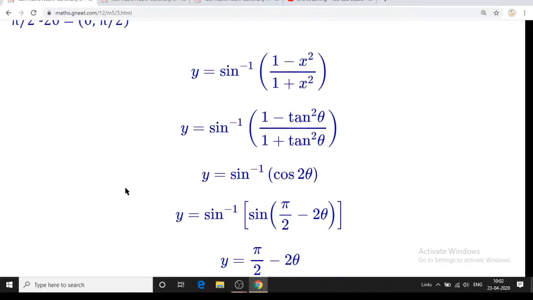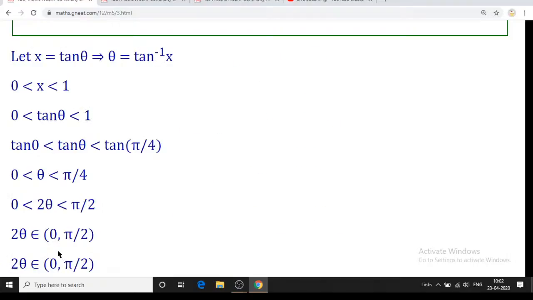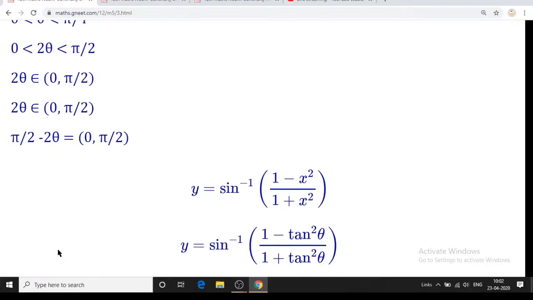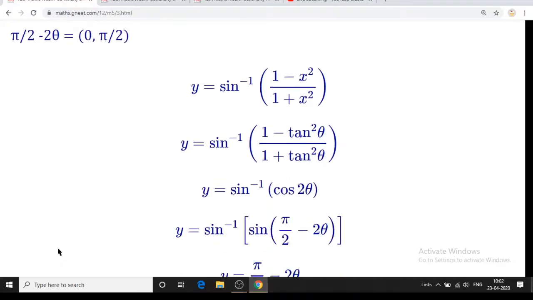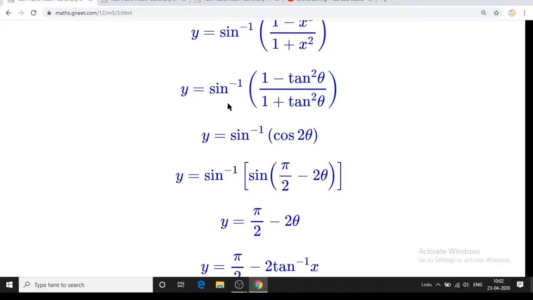Now we will start with the question. This is also a required part. You have to show every part, because the marks are there for these steps as well. Now y is sine inverse of (1 minus tan square theta) upon (1 plus tan square theta). So y is equal to sine inverse of cos 2 theta, which we write as sine inverse of sine of pi by 2 minus 2 theta.